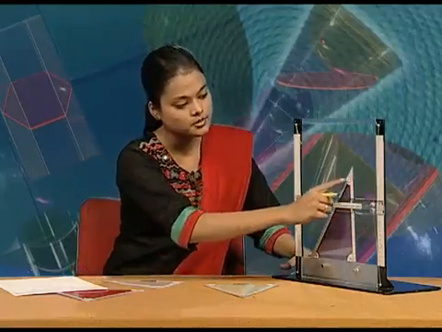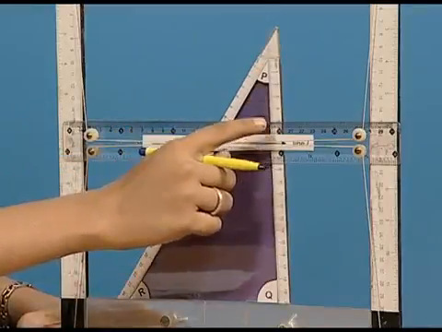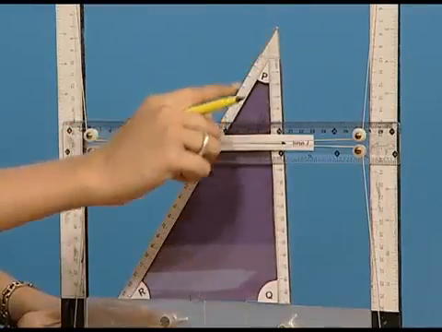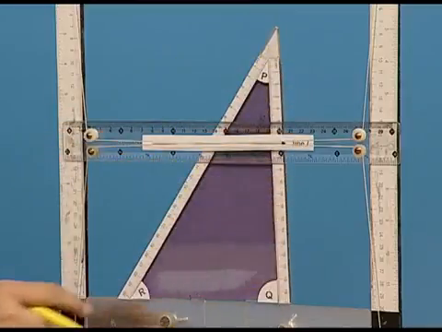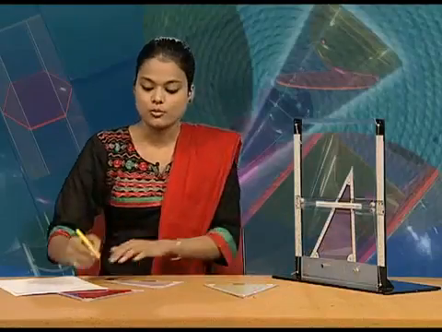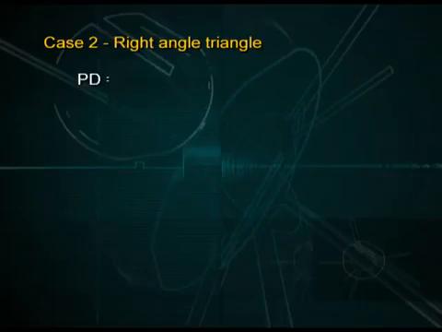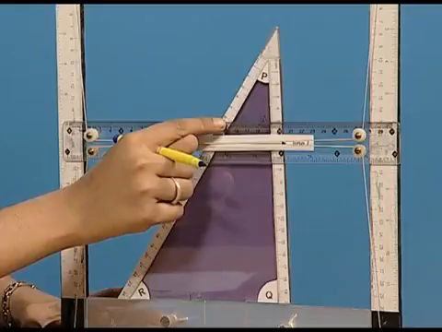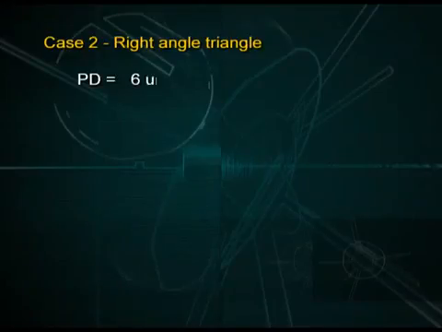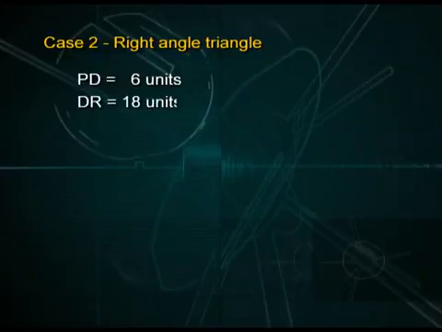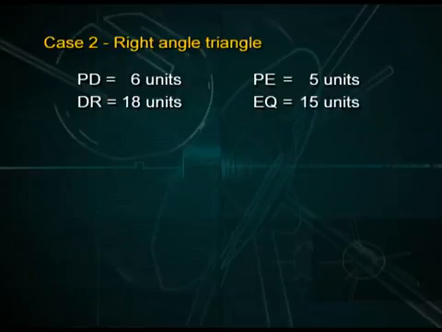Now on measuring PD, DR, PE and EQ, we can see whether the two sides are divided in the same ratio or not. PD is 6 units and DR is 18 units. Similarly, PE is 5 units and EQ is 15 units.